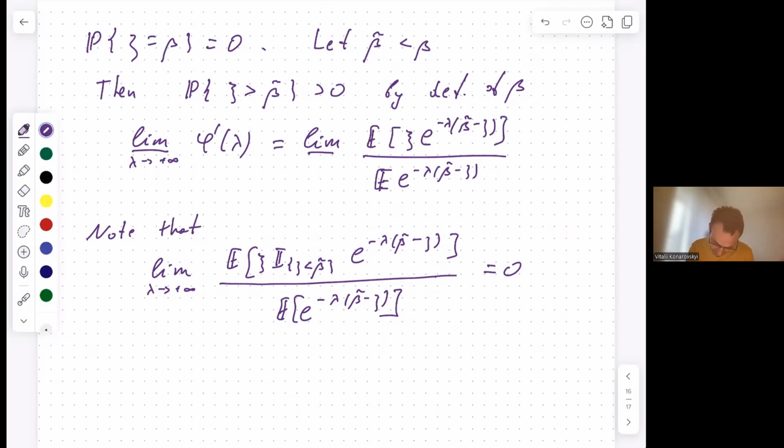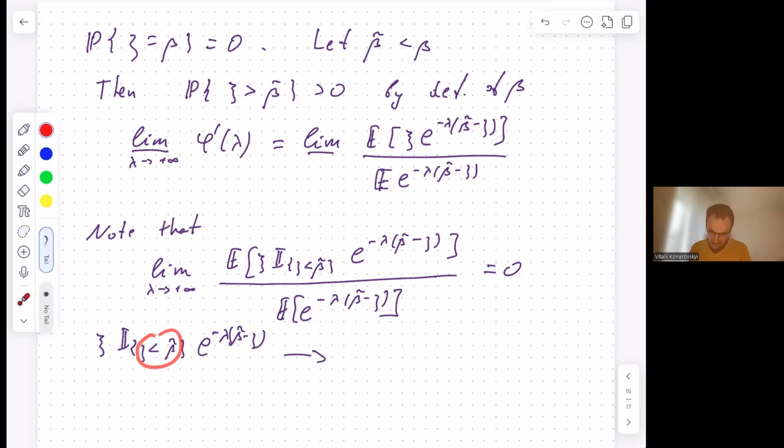When we consider the expectation in the numerator, or maybe not the expectation but the function itself, minus xi, you see that if that doesn't happen, then the indicator gives 0, and you will obtain 0 for xi larger or equal than beta tilde.